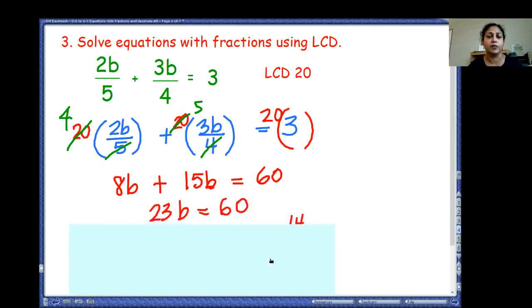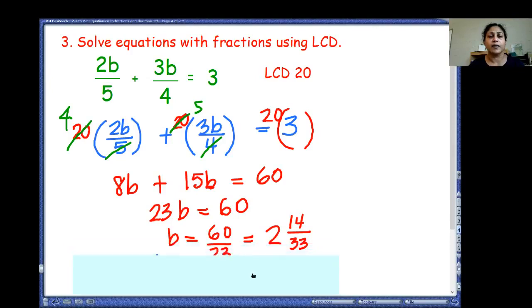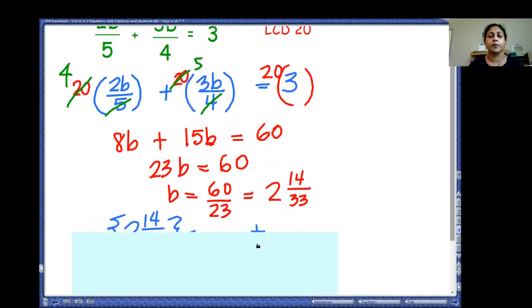Combine the like terms, you get 23b equals 60. And then b is equal to 60 over 23, which you write as a mixed number. And then in your final answer, you're going to write it as a solution set. So keep this in mind.